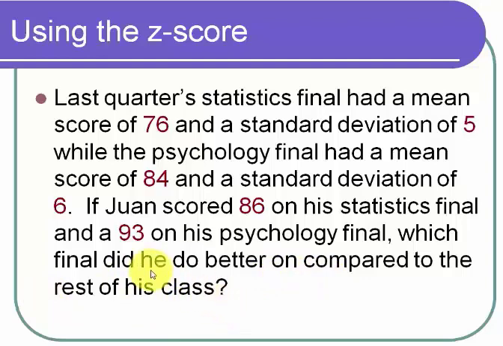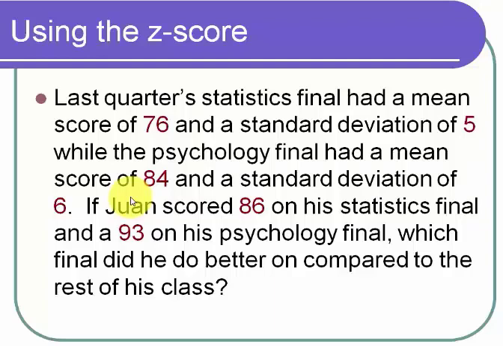Clearly, Juan scored higher on the psychology final, but the psychology final was easier because it had a mean of 84, and the statistics final had a mean of 76. So you really can't say, well, 93 is higher than 86, so Juan did better on the psychology final.